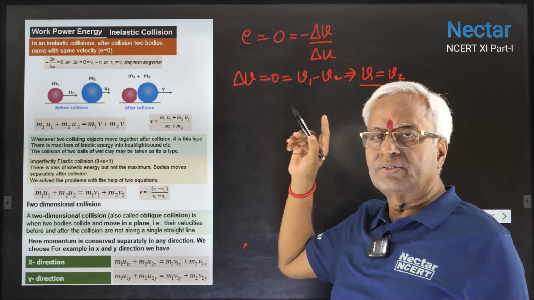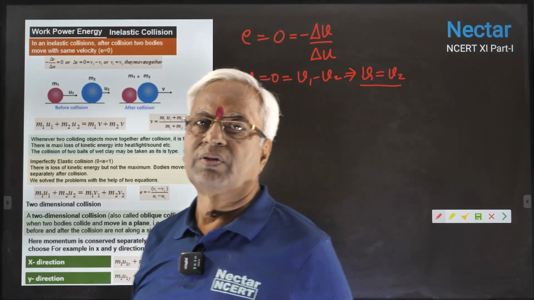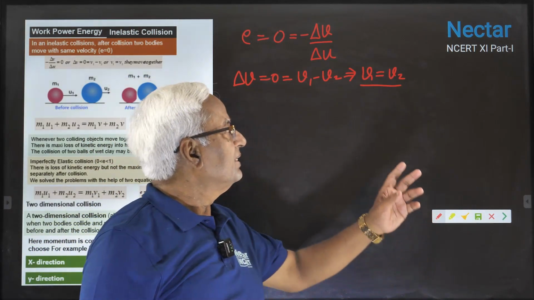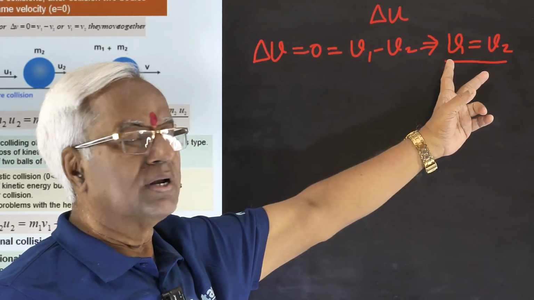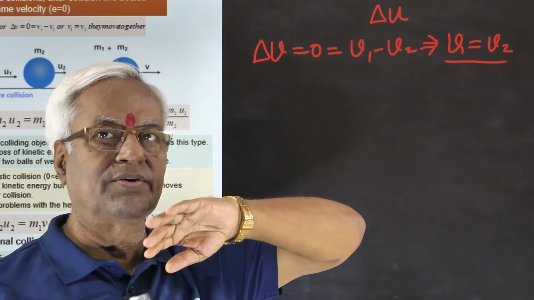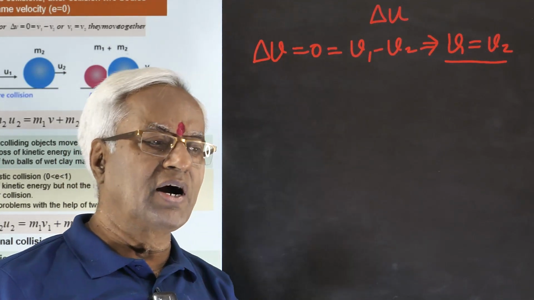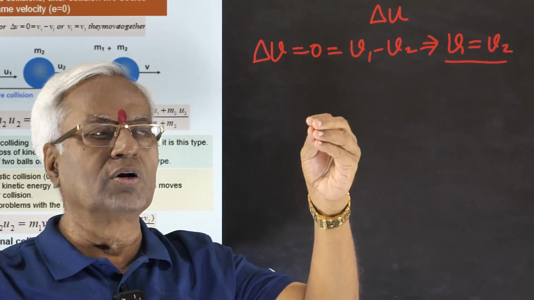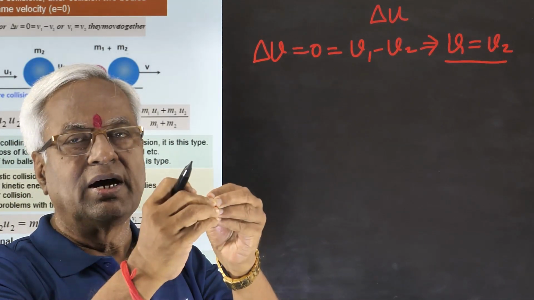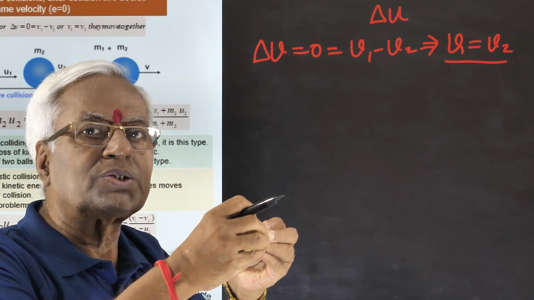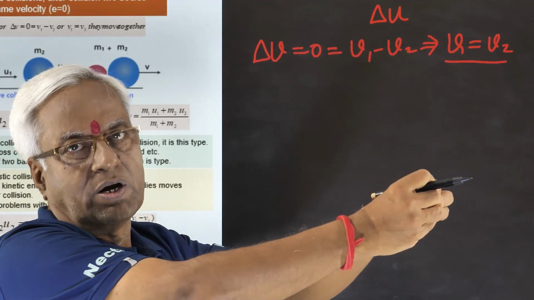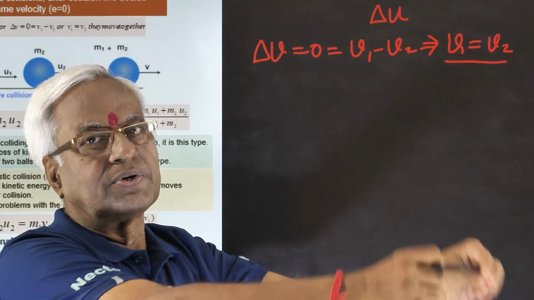Now, what does this result stand for? You are getting the result that both the bodies will have the same velocity after collision. If after collision you see two balls collided this way and they now have the same velocity, this means they are going together, means they will stick together.